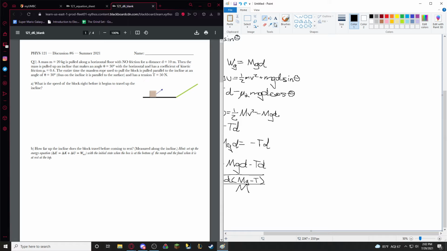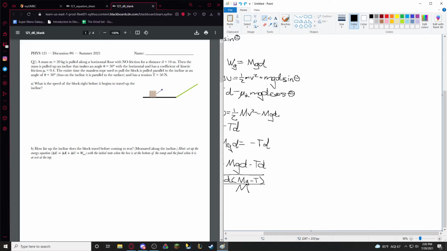What about the potential energy? The potential energy wouldn't change because it doesn't change its height. Exactly. There's no change in potential energy, so the total change in energy is just the change in kinetic energy.